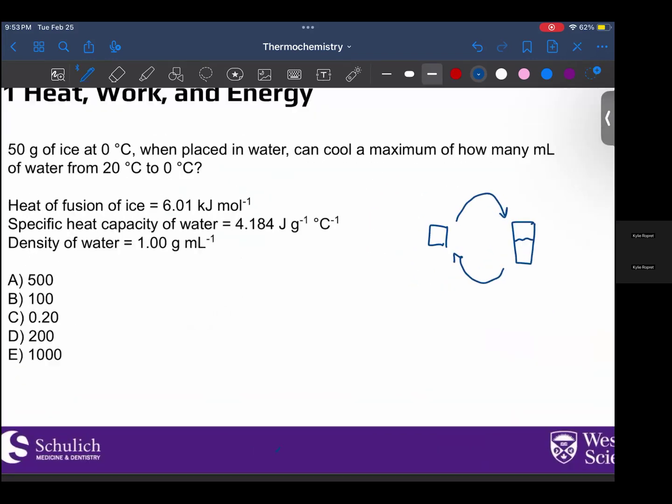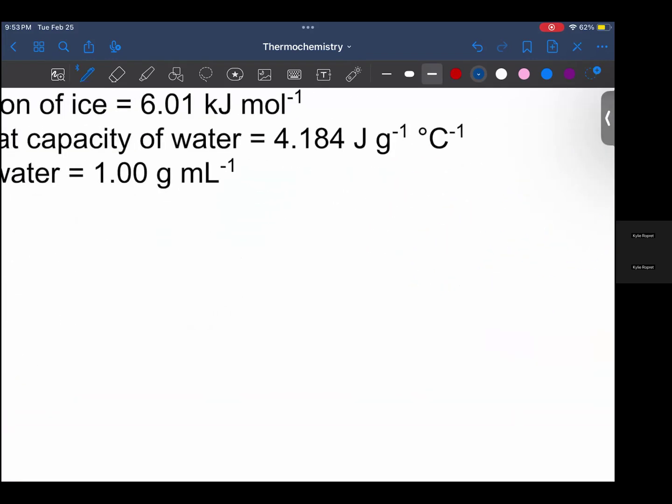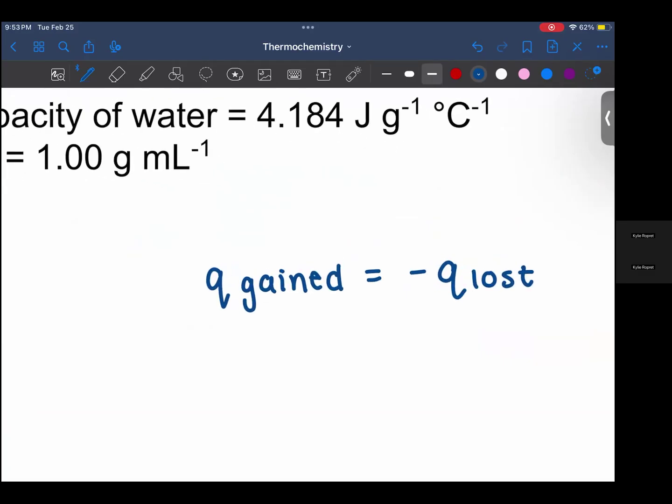So we can set up our formula here of Q gained equals negative Q lost. And so we're going to say that our ice, which is the one that I said was kind of being warmed, is our Q gained, and then our water is going to be our Q lost.